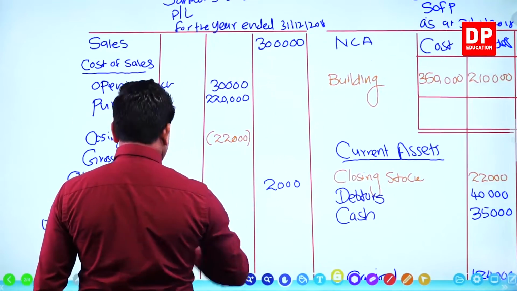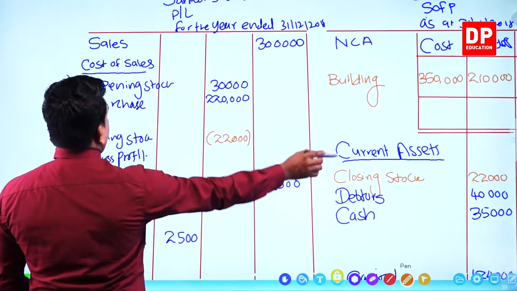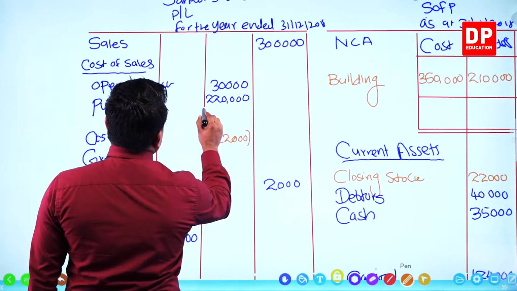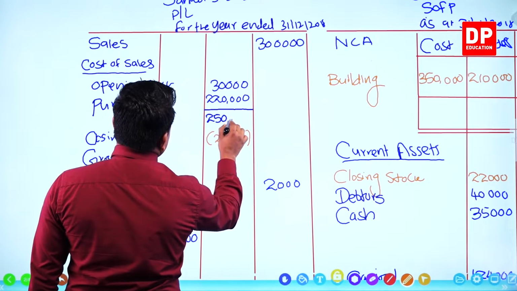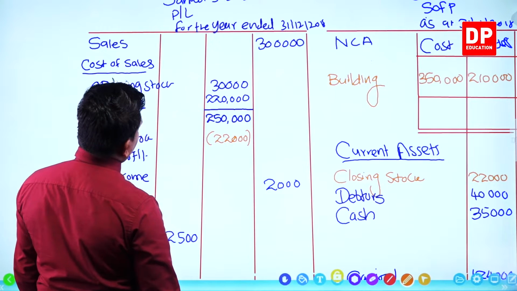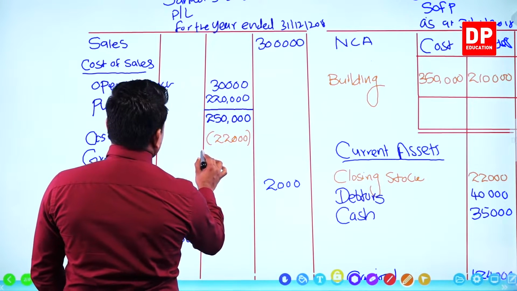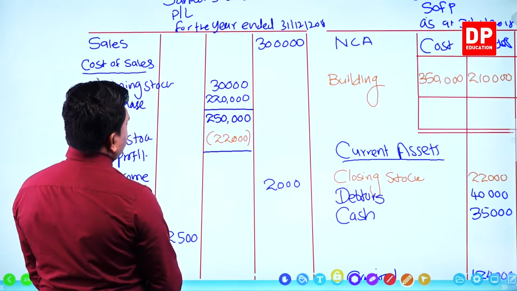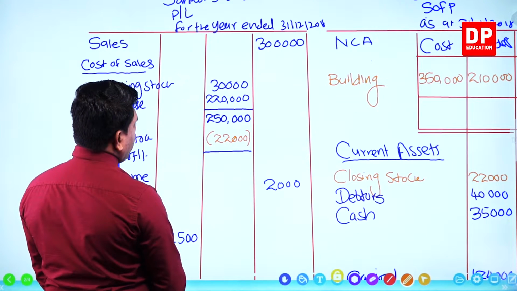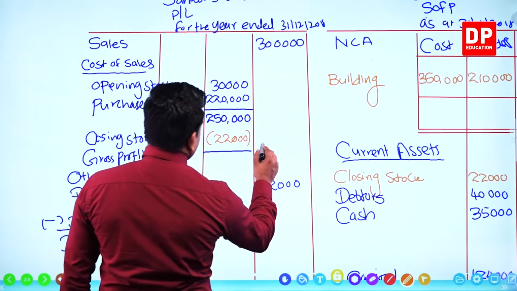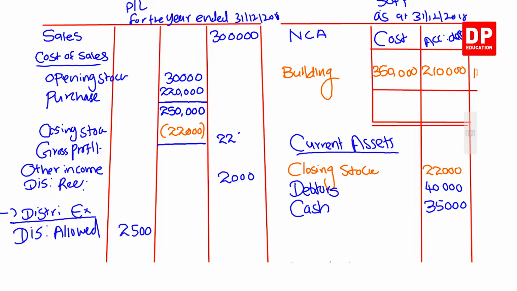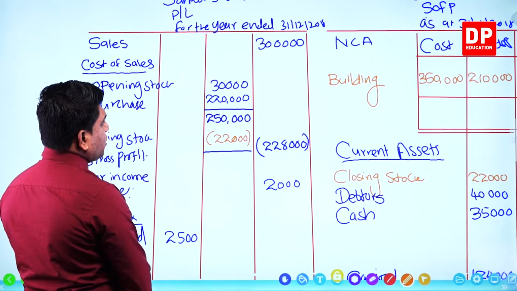You get the values clearly, correctly. Okay, 300,000. Here, 220,000 plus 30,000 is 250,000. Then minus 22,000, then 228,000, right? Cost of sales 228,000.